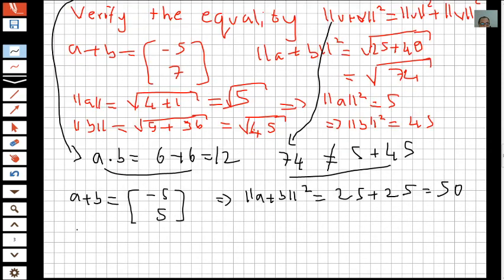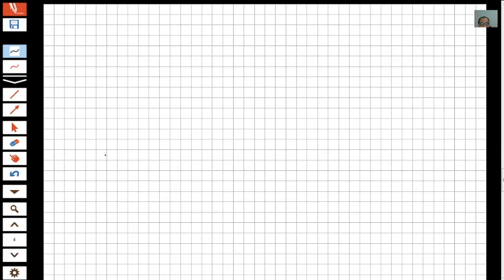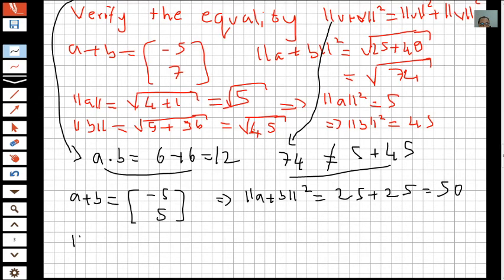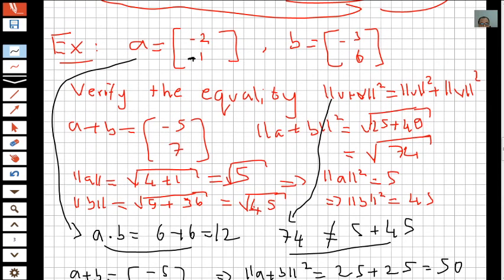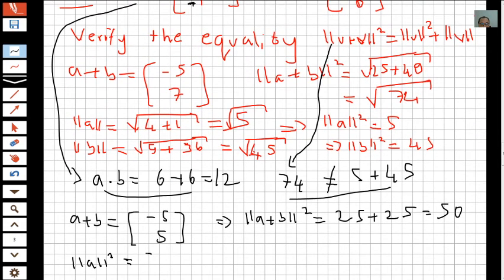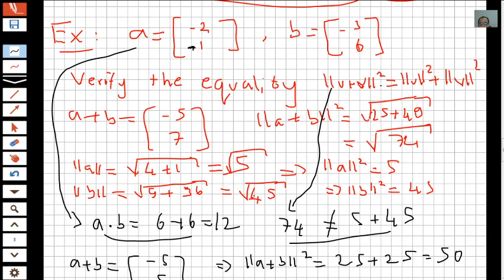And we know the squares. The square of the length of A is equal to 4 plus 1, which becomes 5, and for B it is equal to 45, so the addition of them is 50, which means that we have this equality.